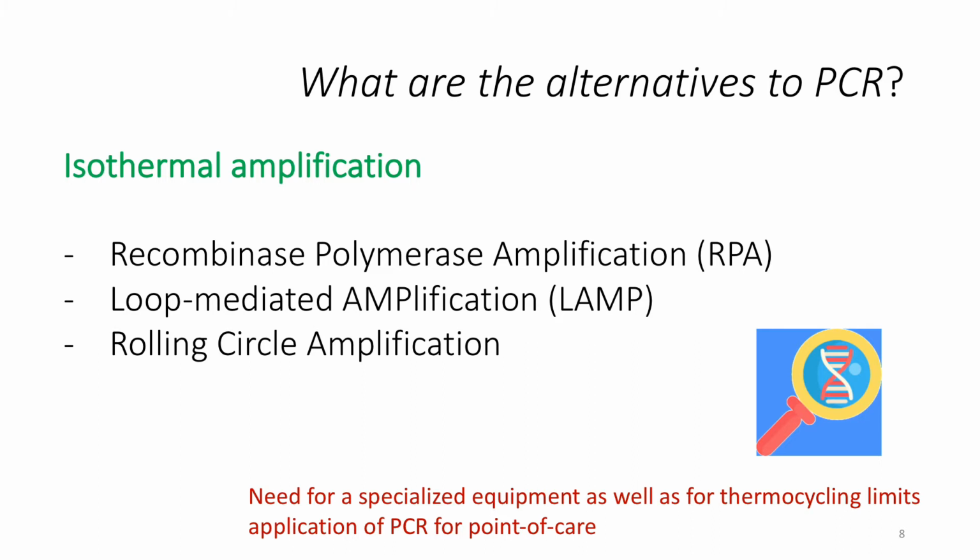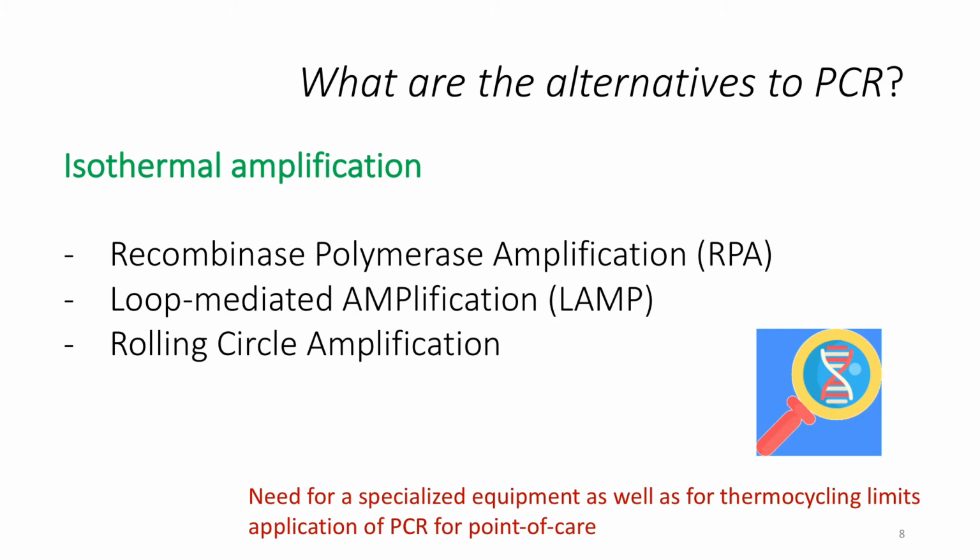There you can find lots of publications about recombinase polymerase amplification, loop-mediated amplification, and rolling circle amplification. And all of them can operate at isothermal condition, meaning at a uniform temperature.